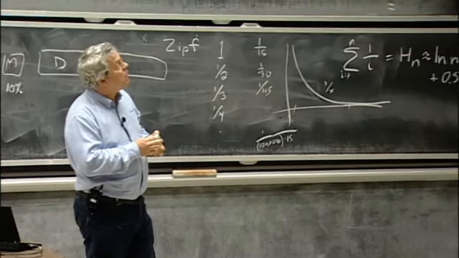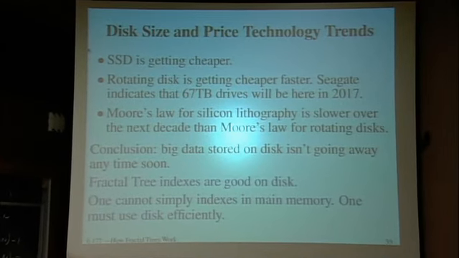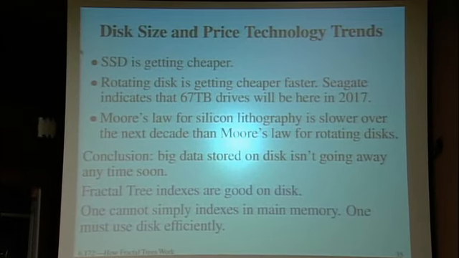Okay, so it looks like, however, that rotating disk is getting cheaper faster than solid state disk is. Rotating disk is an order of magnitude cheaper per byte than solid state disk today, maybe two orders of magnitude cheaper. It's hard to measure fairly. But according to Seagate, by the end of the decade we'll have 70 terabyte drives of the same form factor.